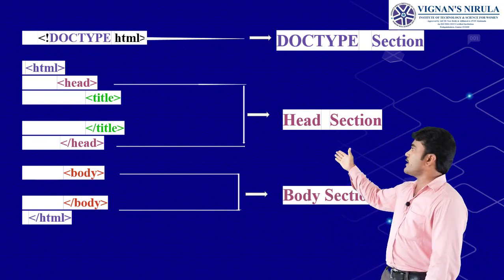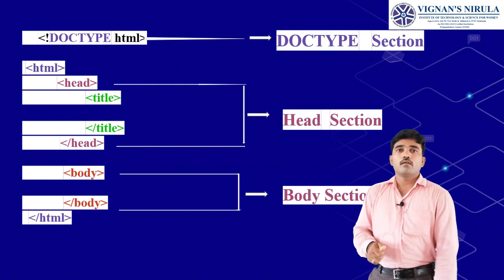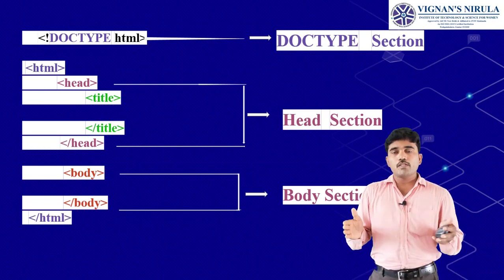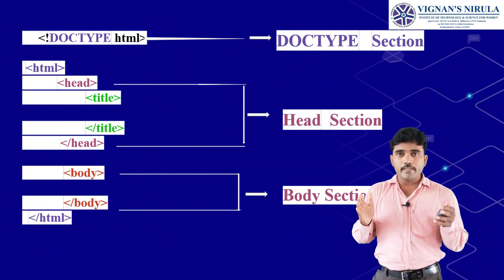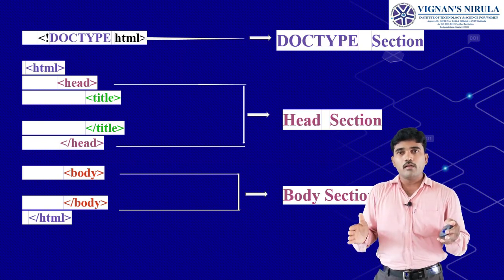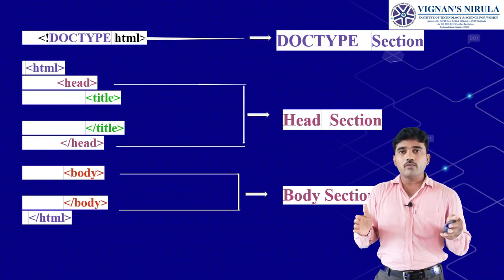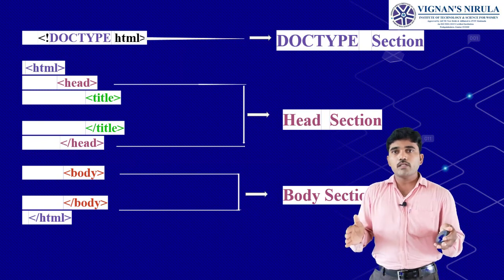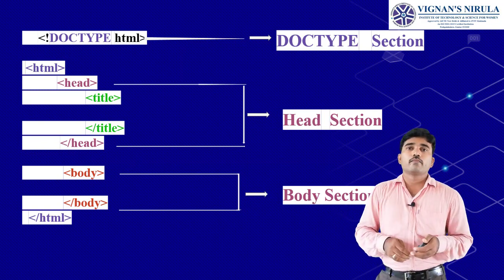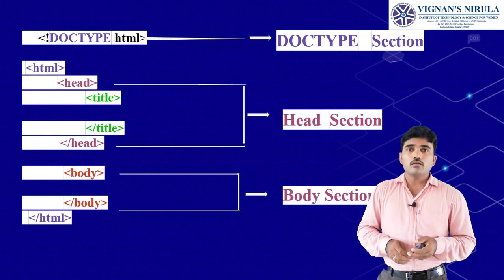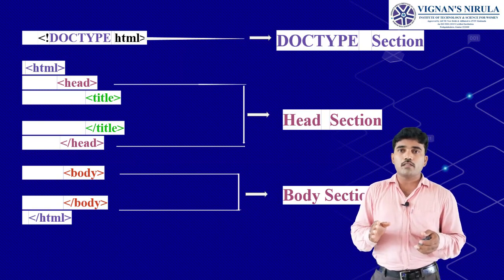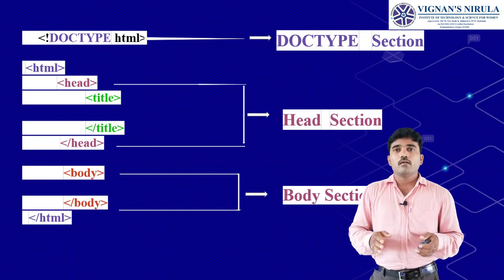So this section is the body section. Understand? So every HTML document must have its starting tag, which is HTML, and it must have its ending tag, which is preceded by slash. So this is the basic standard HTML document structure.